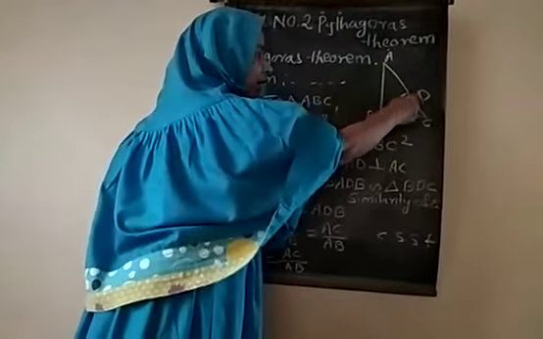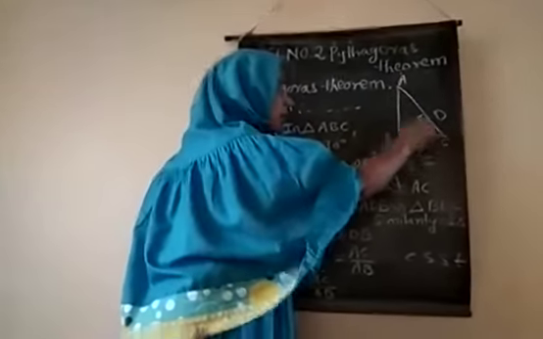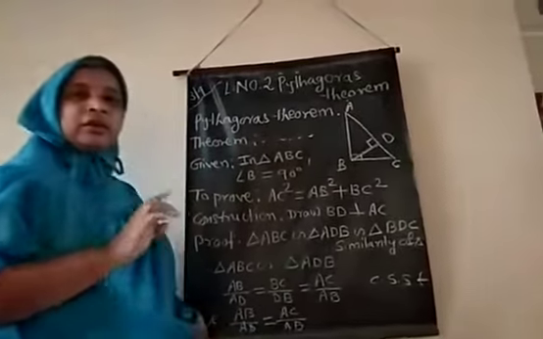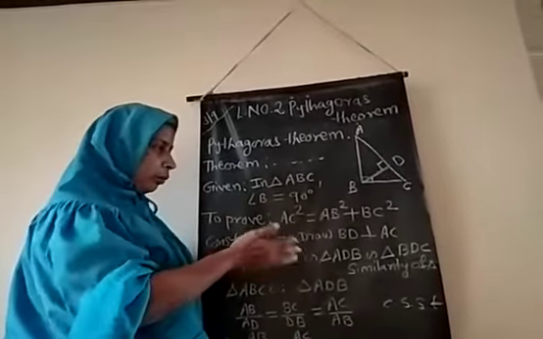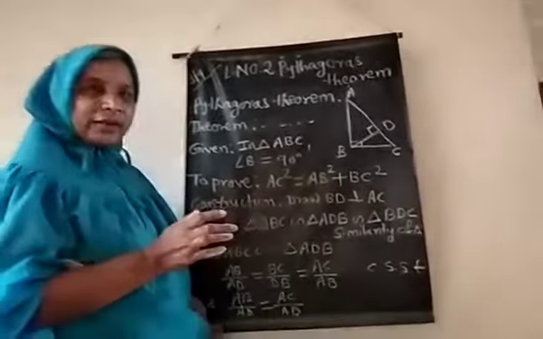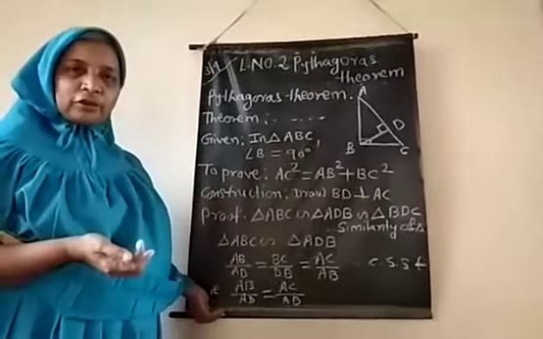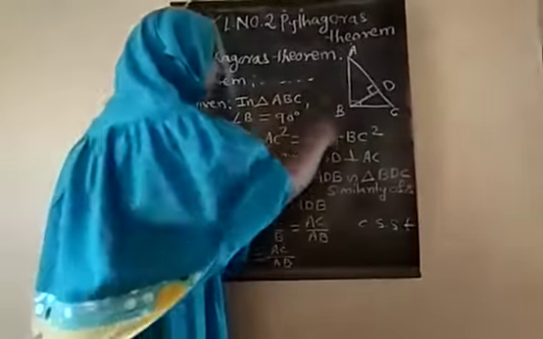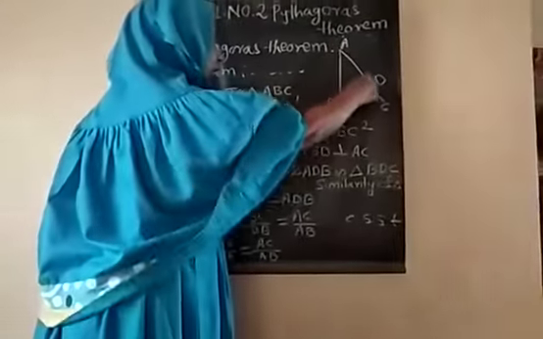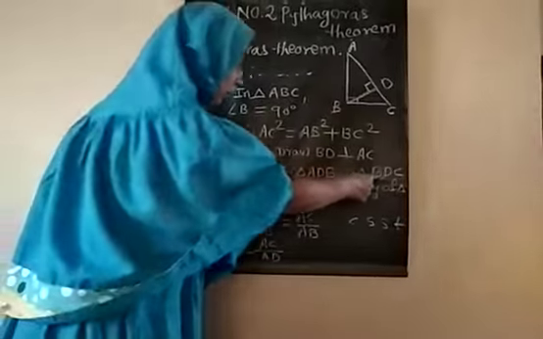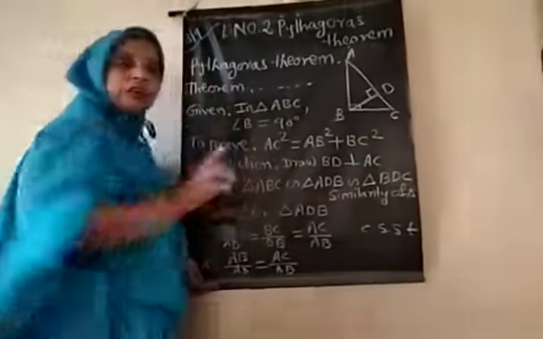Which three? ADB, BDC and ABC. As we proved before, right angle triangles are similar to each other. So here also all these three triangles ABC, ADB and BDC are similar to each other.